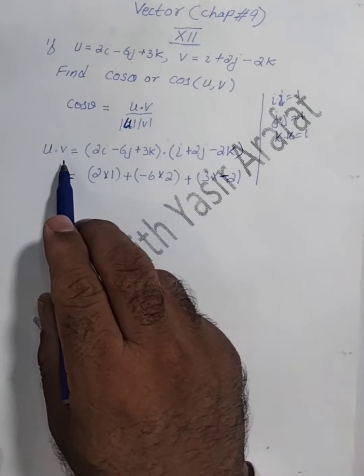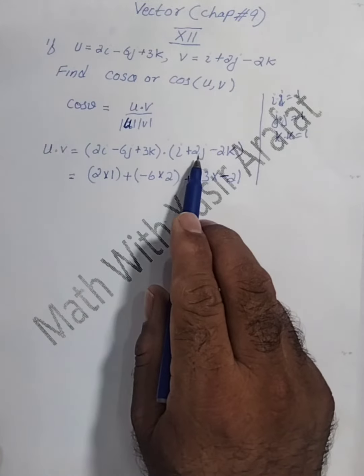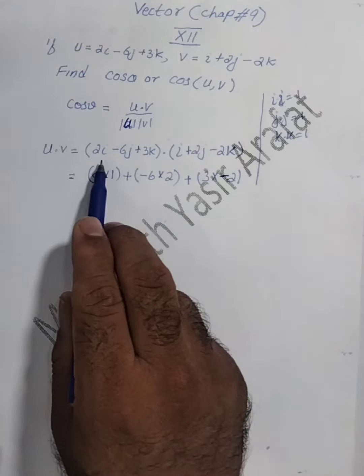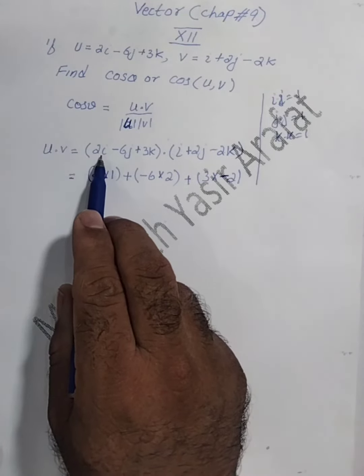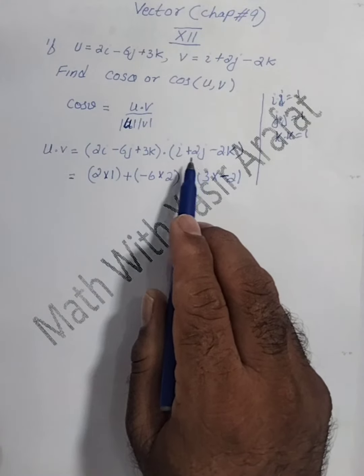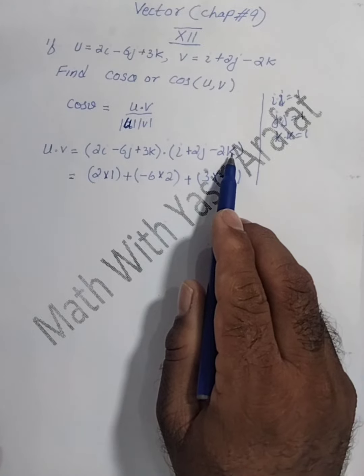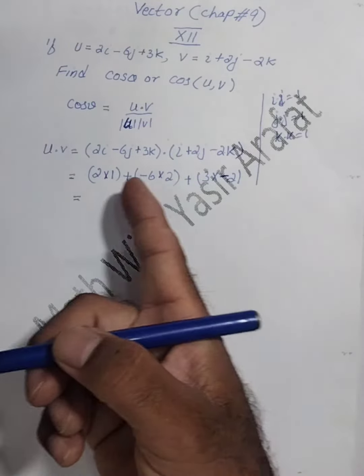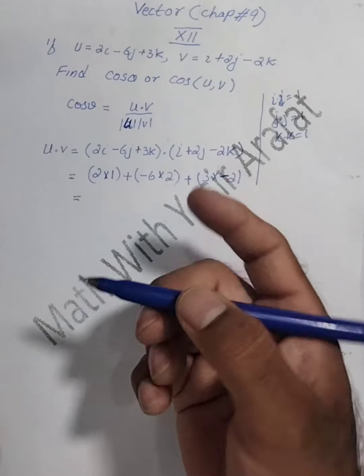So when we have to find out the dot product of two vectors, we just have to multiply the coefficients of the same components, that is i coefficient by i coefficient, j by j and k by k. Remaining products will be equal to 0. So this is the procedure to find out the dot product of two vectors here.